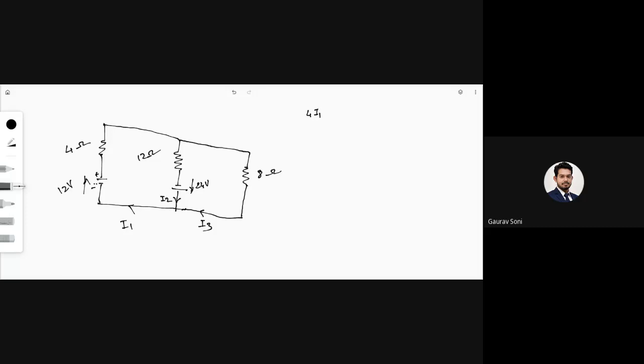You have to make that categorization, or there will be simply one variable throughout the equation. Sure, sir. So 4I1 plus 12I2 minus 24 volt minus 12 volt equals 0.